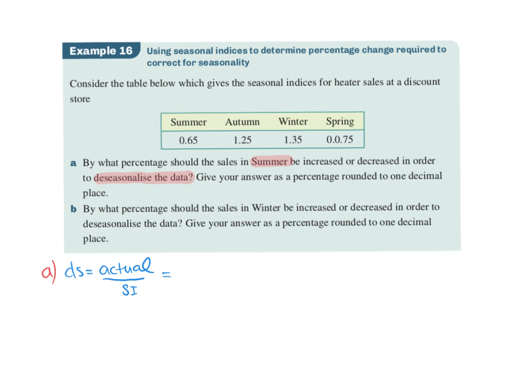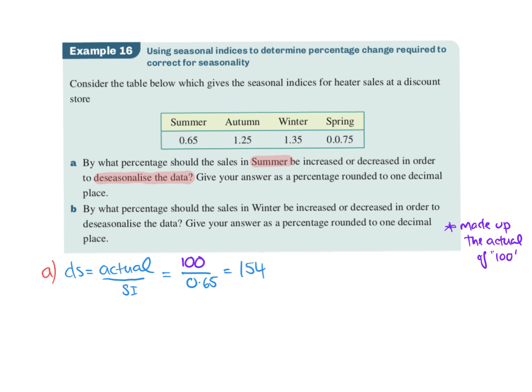So what I'm doing is I'm making up this actual, and I'm making it 100. Write that down somewhere, that we made up the actual of 100. Because if I deseasonalize 100 using the formula, so we deseasonalize this summer number, and I divide it by the summer index, which is 0.65, what we end up with is a number of 154.